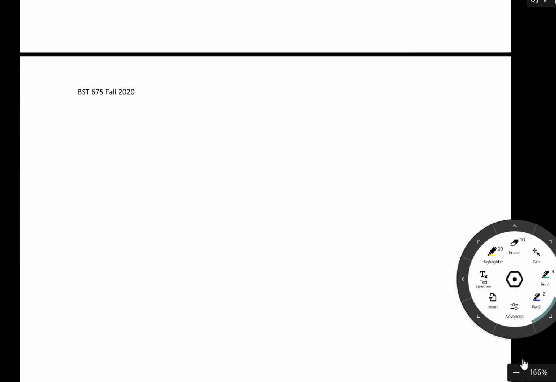Alright, so next, we're going to find the MLE of sigma squared. So the first thing we're going to do is write down again what our log likelihood was.